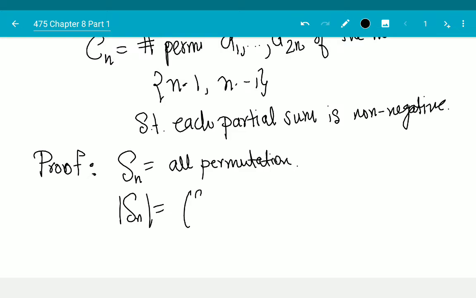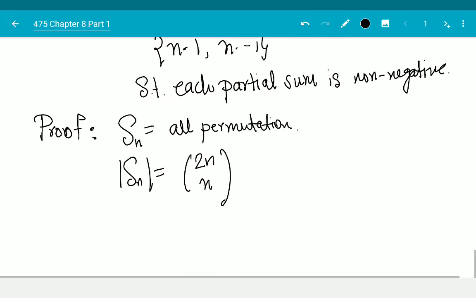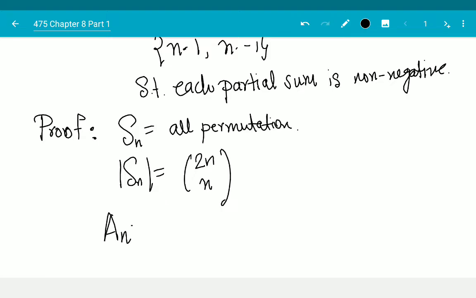This is exactly equal to 2n choose n, because it suffices to choose the n places where there are 1s, and the other n places are where there are -1s.